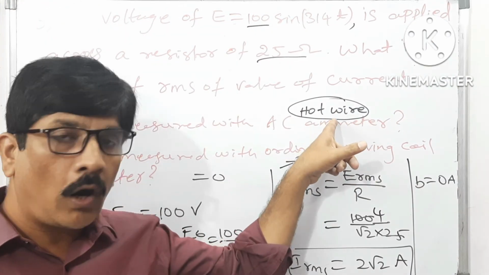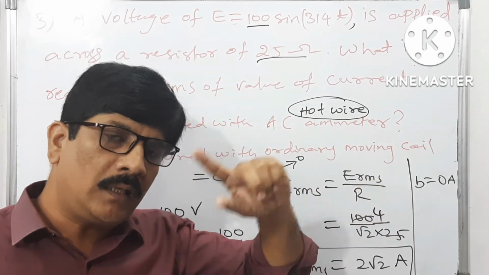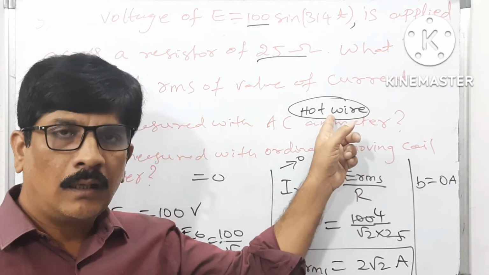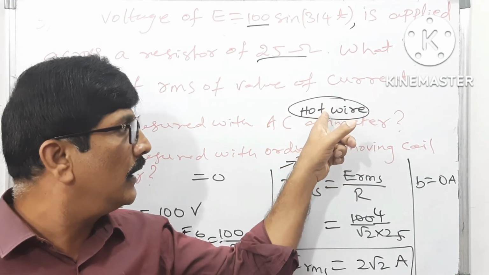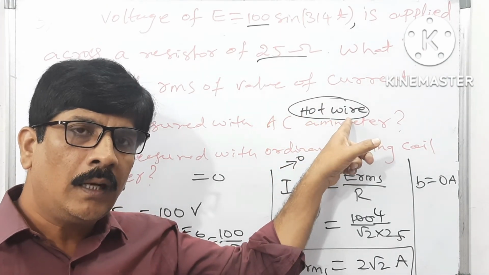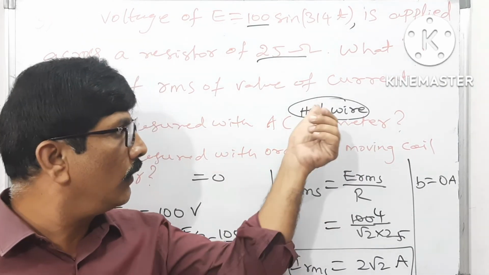But we are using a hot wire element in the first case. Even though the direction of the current is changing, to measure the RMS value we use it because the hot wire element depends on the heating effect of electric current. So that's why we use this.